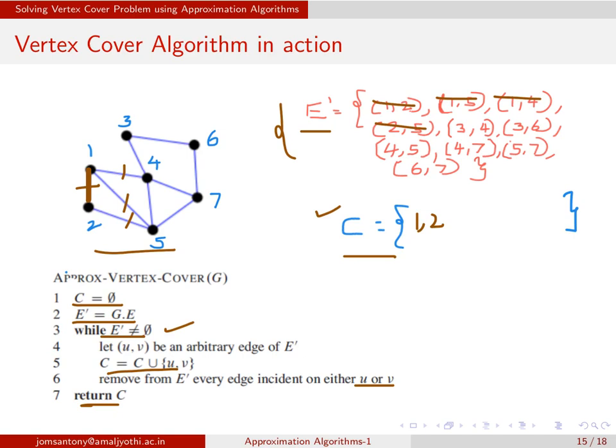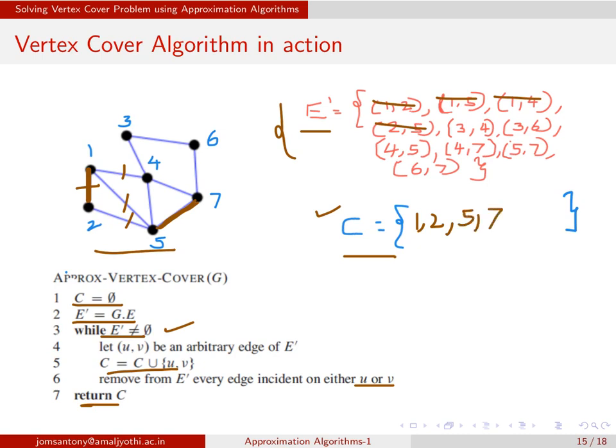And then we will choose another arbitrary edge uv from the set of edges. Let us say I choose (5, 7) as the next edge. So (5, 7) will be chosen as the next edge. And now we will add it to our solution set. So {1, 2, 5, 7}.